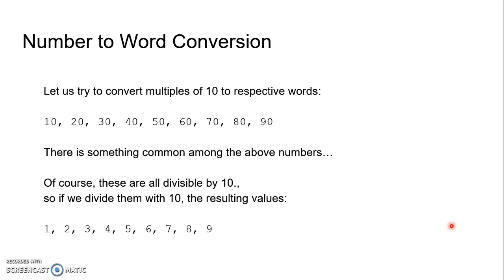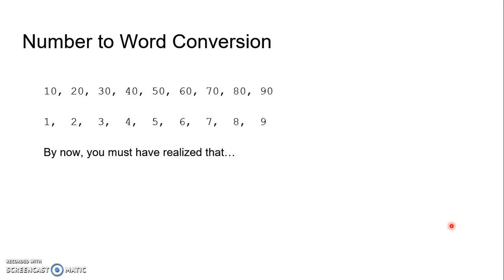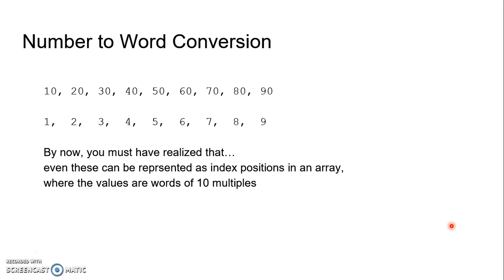Now, by intuition, you must have realized that these values can be considered as index positions, as we have seen in the earlier example of 0 to 9 numbers. So by now you must have realized that even these can be represented as index positions in an array where the values are words of 10 multiples.